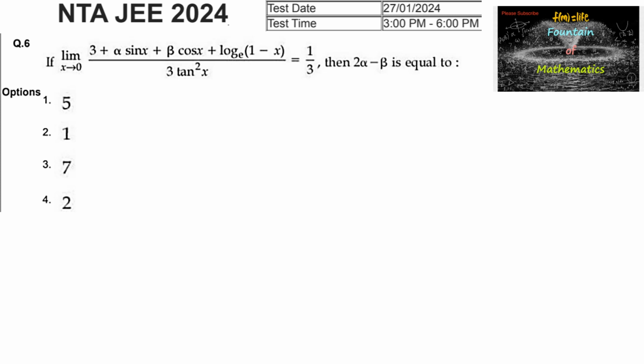If the limit as x tends to 0 of (3 + alpha sin x + beta cos x + log(1 - x)) upon 3 tan square x is equal to 1 upon 3, then 2 alpha minus beta is equal to.